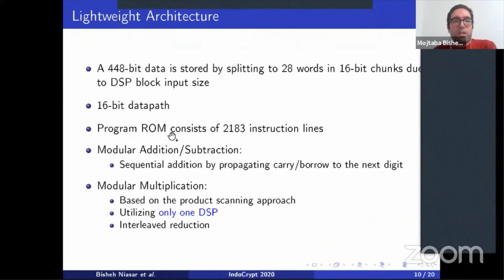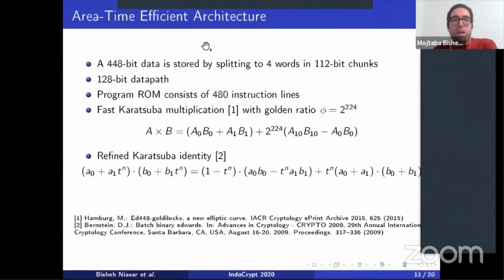As I said, our lightweight design uses only one DSP block, and our area-time efficient architecture uses the fast Karatsuba multiplication. And we use different optimization techniques, such as the refined Karatsuba identity and pipelined architecture.